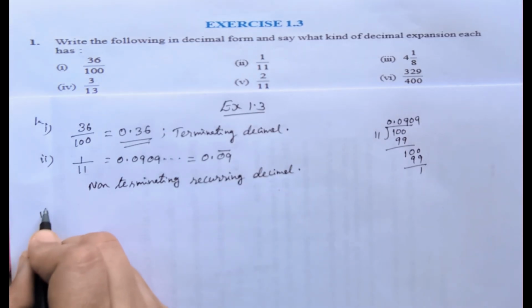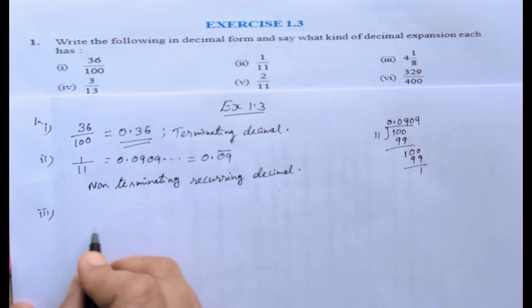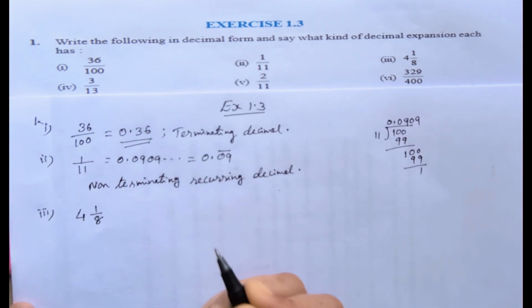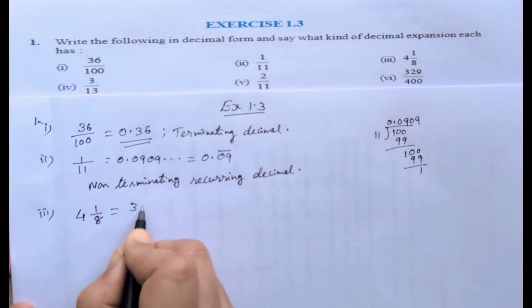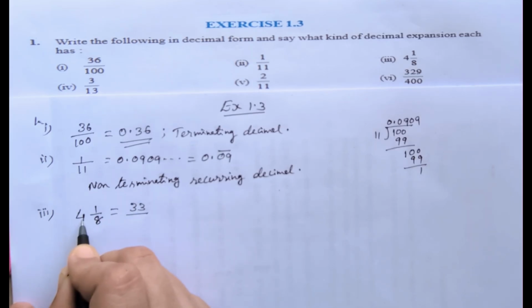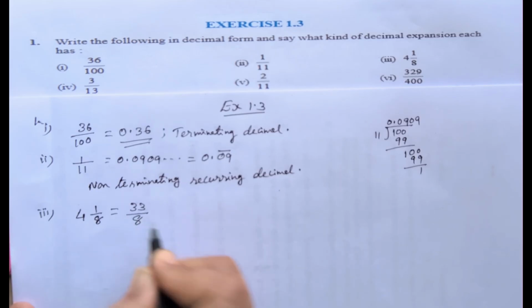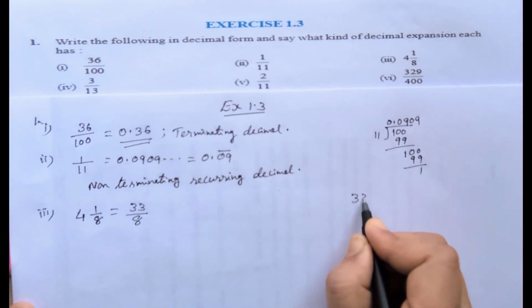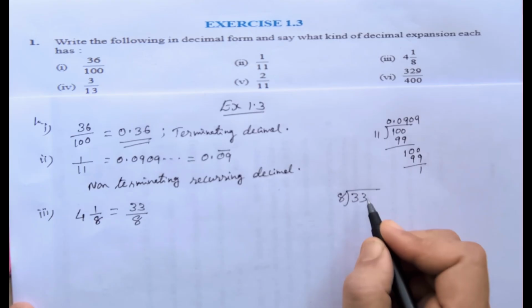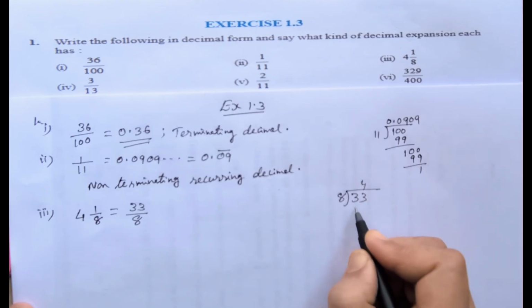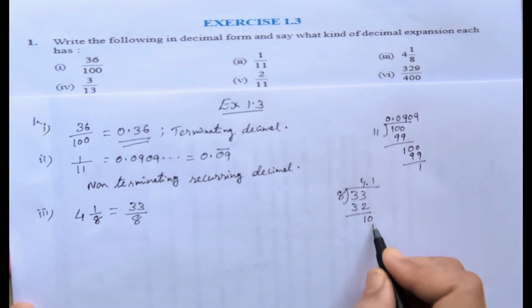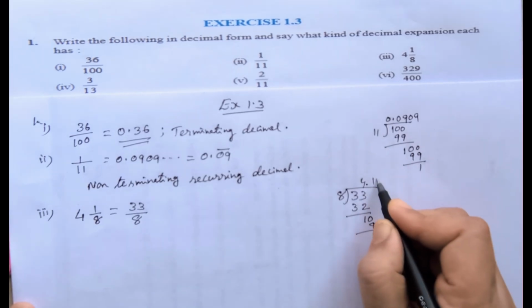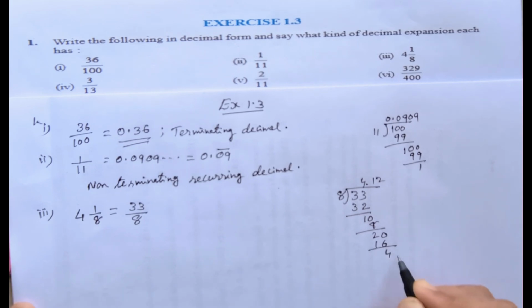Now the third number, that is 4 and 1 by 8. 4 and 1 by 8 is a mixed fraction, so we can convert that into an improper fraction: 8 into 4, 32 plus 1, 33 by 8. Then you have to divide 33 by 8. 4 times 32, remainder 1, 10, 1 time 8, 2, 20, 2 times 16, 4, 40, 5 times.